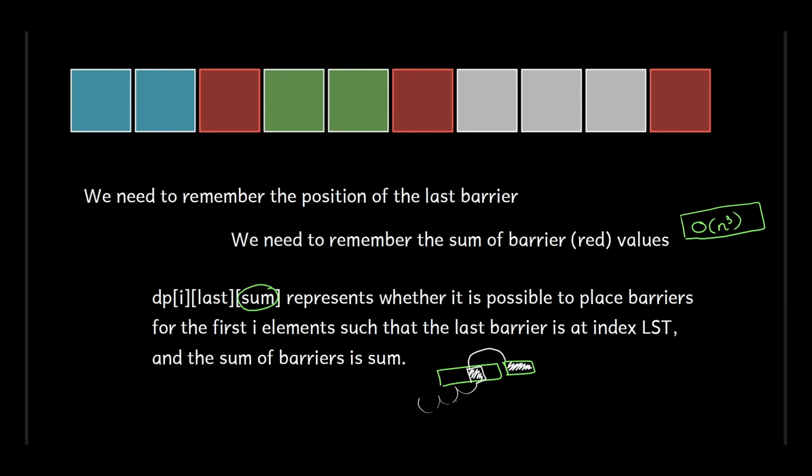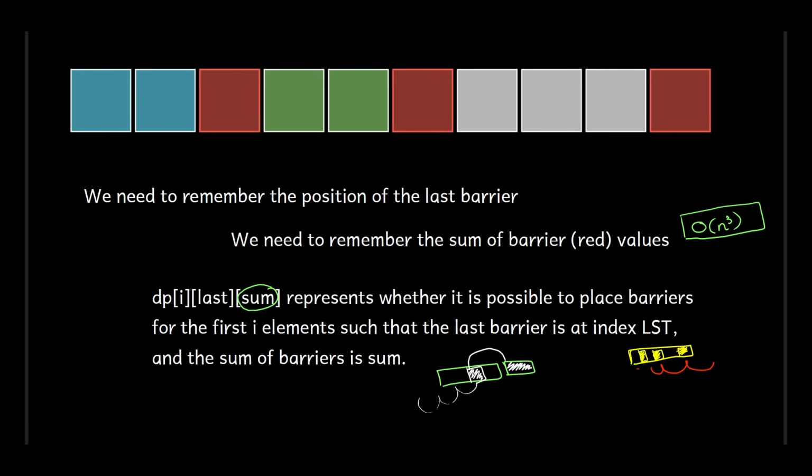But you can notice that if you are placing elements strategically, then in the optimal configuration you would want to minimize the sum of elements of the barrier, because the barriers themselves are the elements that interact with all the incoming elements.